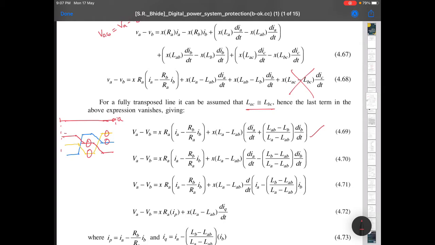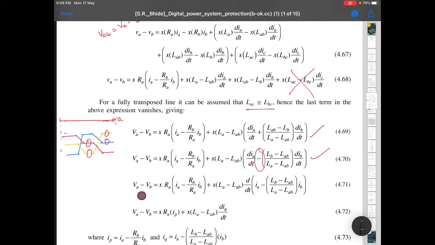Now to simplify further, what has been done here in this equation? This positive becomes negative because we are trying to bring the second term to first. So minus of minus LAB becomes plus LAB. The only change here is that plus has changed to minus because we have tried to bring the LA and LB terms first.